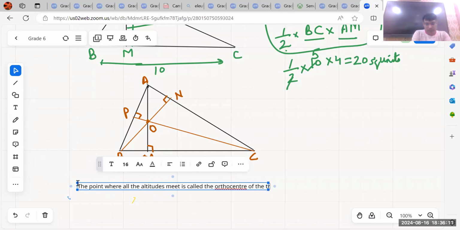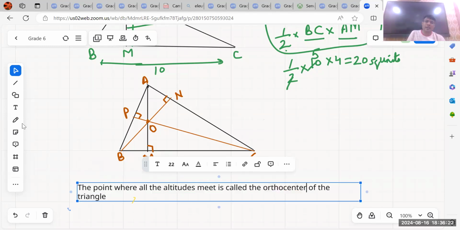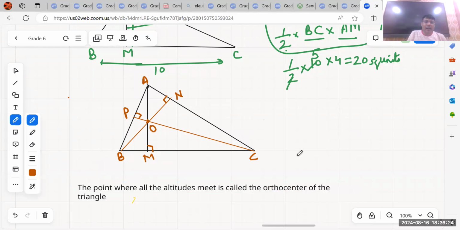The point where all the altitudes meet is called the orthocenter of the triangle. Any confusion in this? Now, guys, an altitude can be inside the triangle and also outside the triangle. Like in this case, this altitude is outside.